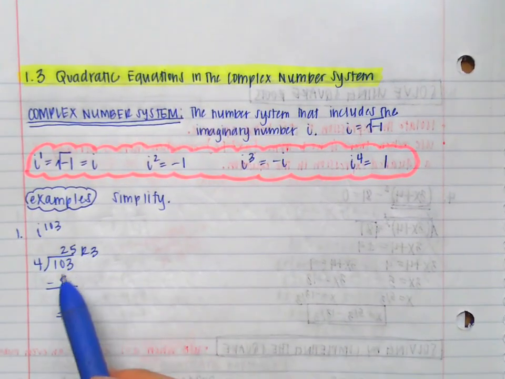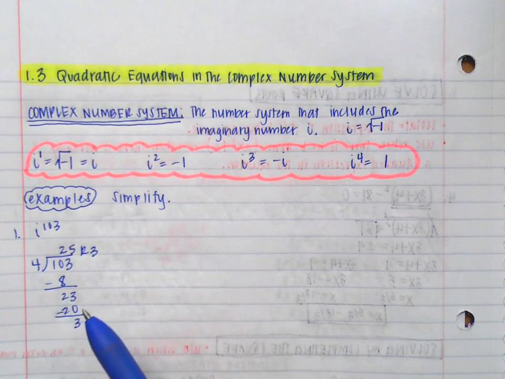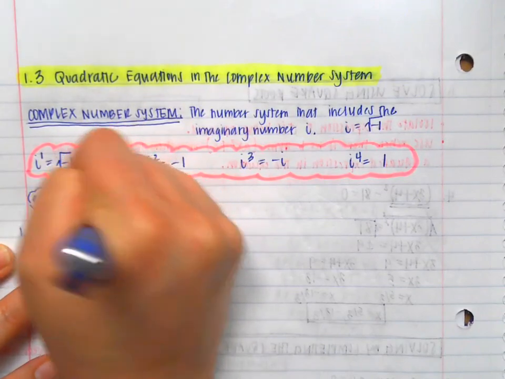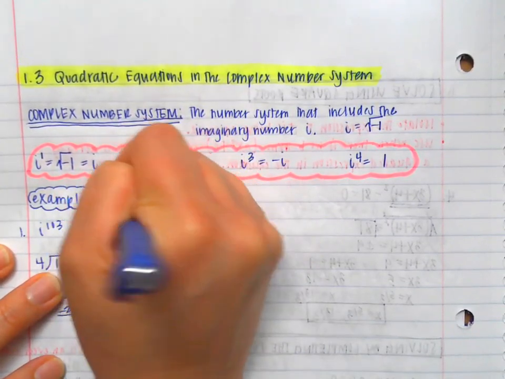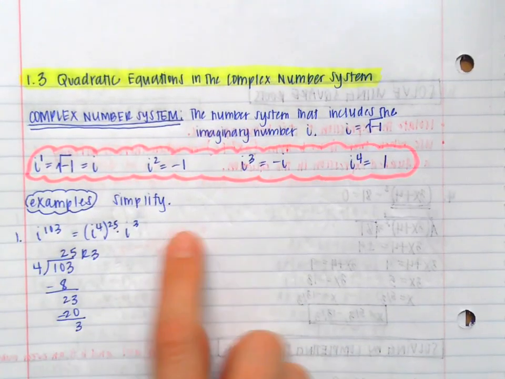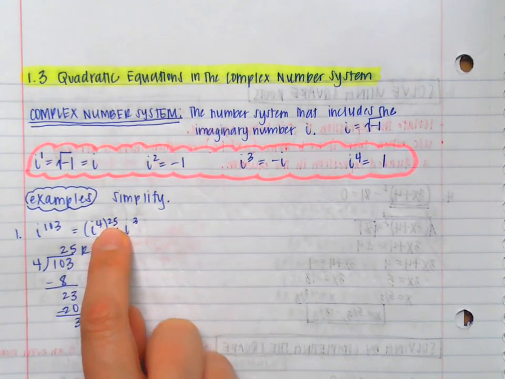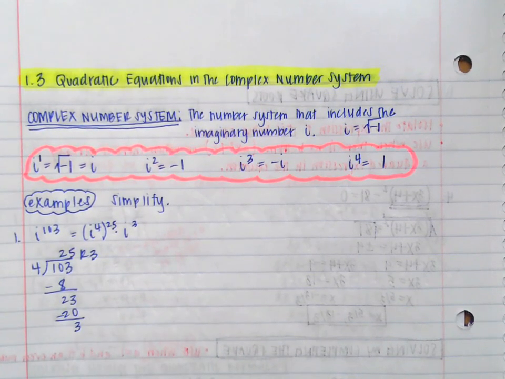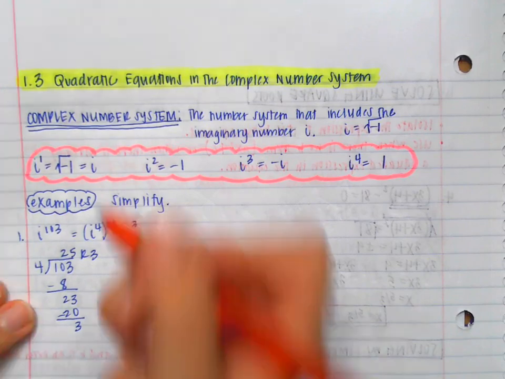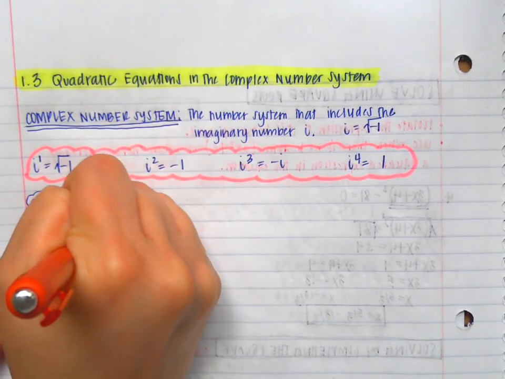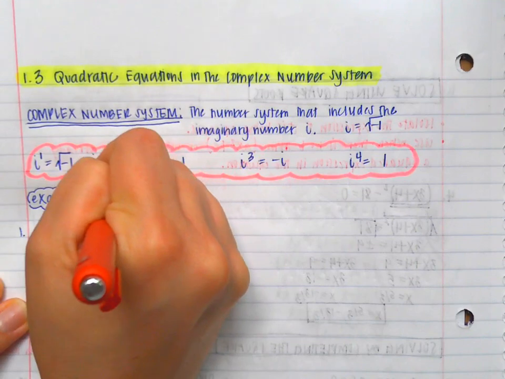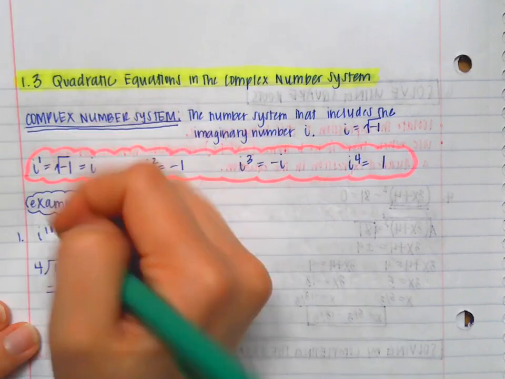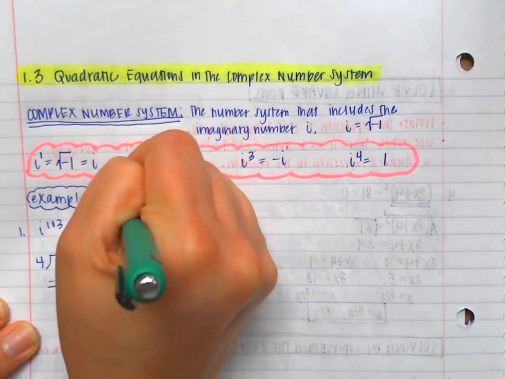Now, what information does that give me? It's saying this is the same as me writing I to the 4th 25 times I to the 3rd, because 4 times 25 is 100, and then 100 plus 3 is 103. So, to reiterate, notice how this number is what went here, and then the remainder, 3, is what went here.